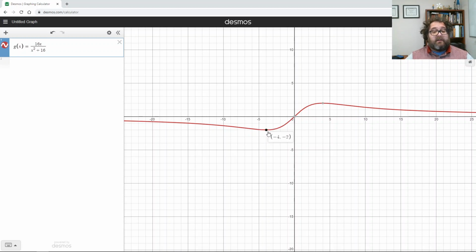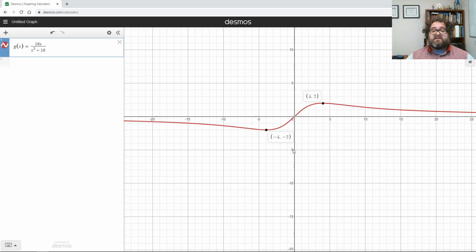So there's a little valley there where we're changing from a negative slope to a positive slope. And if you change from a negative number to a positive number, you hit 0 in between. And likewise up here, we're changing from an increasing function, a positive slope, to then a negative slope to the right of that peak at 4, 2.